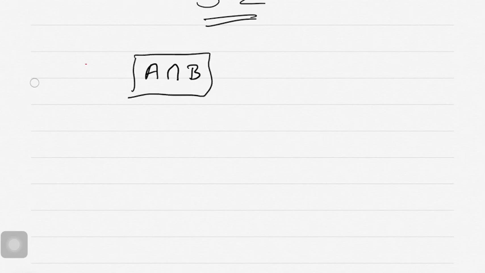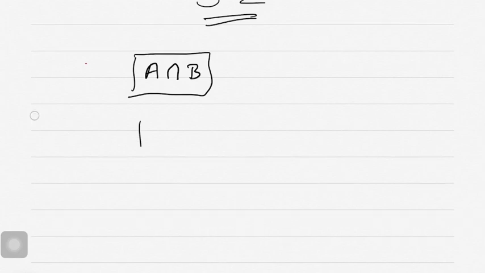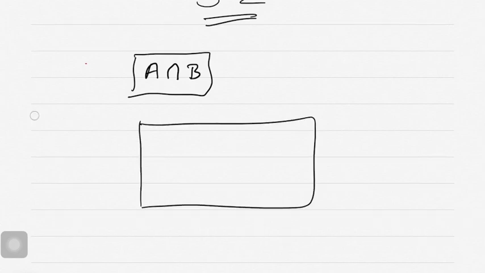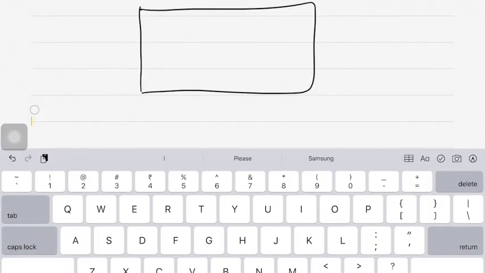Before starting the next question, we'll just revise what is union and what is intersection. When I say intersection, suppose A intersection B. Intersection means the components which are common, right? Suppose my event A is black cards in a pack of cards.